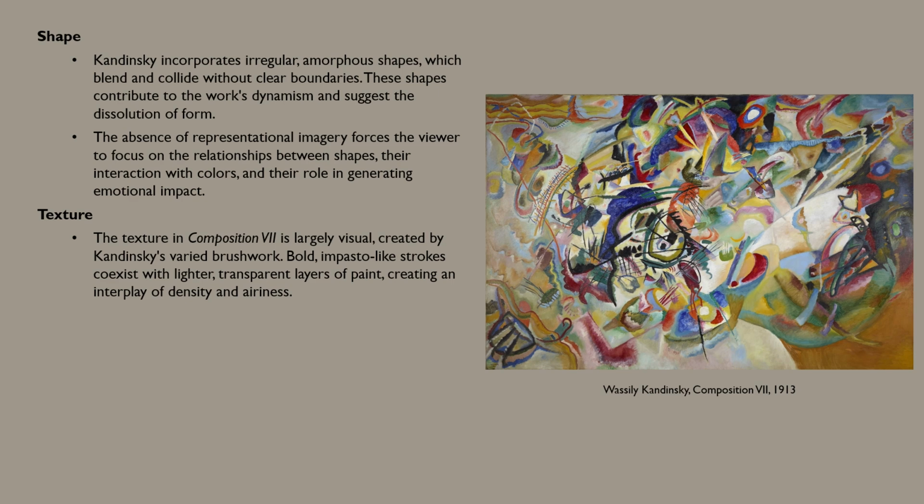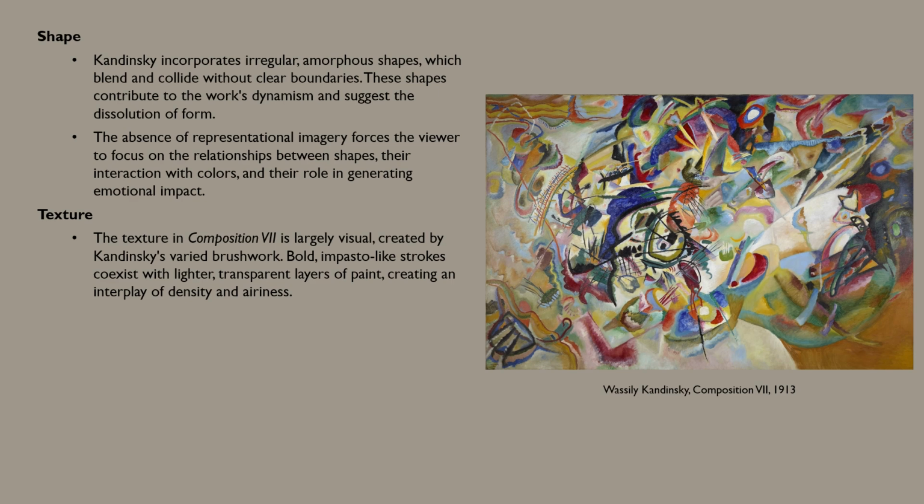Texture. The texture in Composition 7 is largely visual, created by Kandinsky's varied brushwork. Bold, impasto-like strokes coexist with lighter, transparent layers of paint, creating an interplay of density and airiness. So remember, with these impasto strokes, these would be the actual texture of the thing, right? Where the visual texture is, it's this push and pull, the depth that's created by the composition itself, by the juxtaposition of the different colors, right?